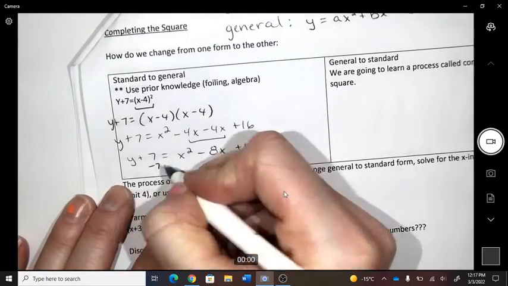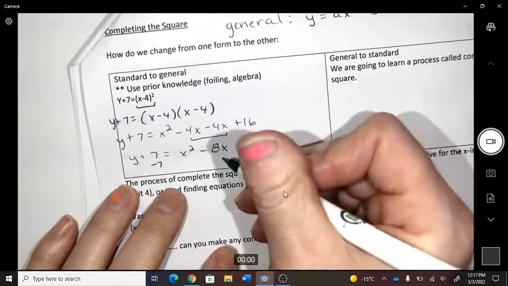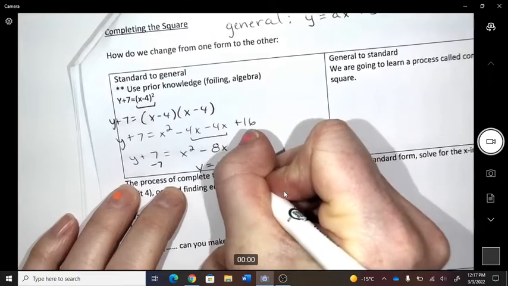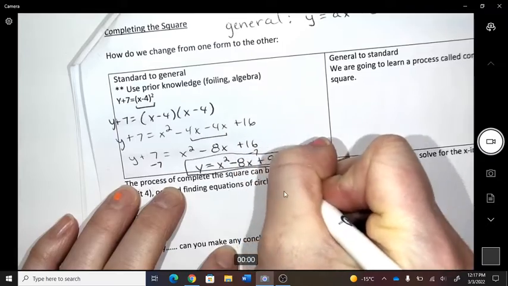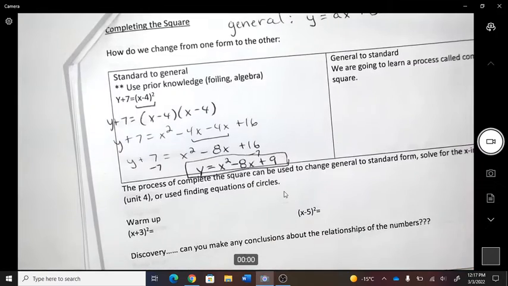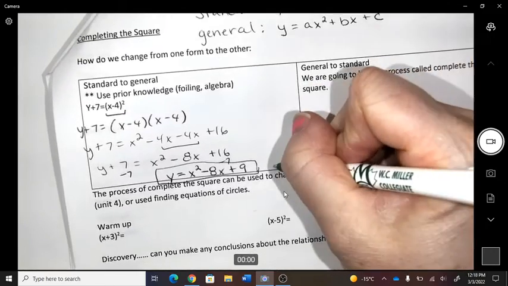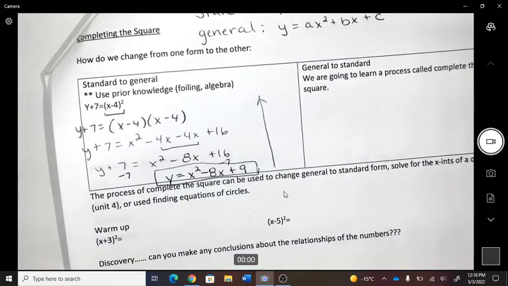Okay, the last step here is I'm going to have to subtract 7. So I get y equals x squared minus 8x plus 9. Okay, so if I wanted to start like this and go that way, it's going to be a whole process that we're going to learn.